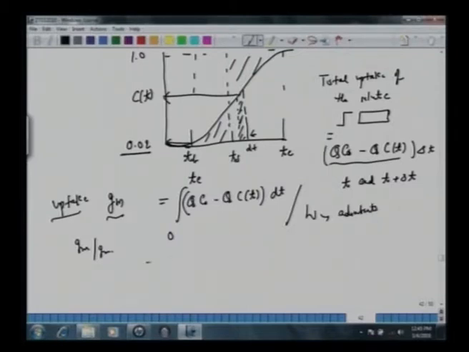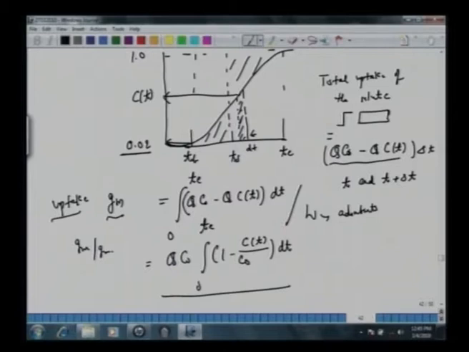Anyway, coming back to this, Q is a constant, C0 is a constant. One can take Q C0 outside. We have the integral from 0 to Te of 1 minus C(t) over C0 dt. This is the total amount. And what is this number here, 1 minus C(t) over C0? Look at this curve. You should convince yourself this is nothing but the area above this curve.